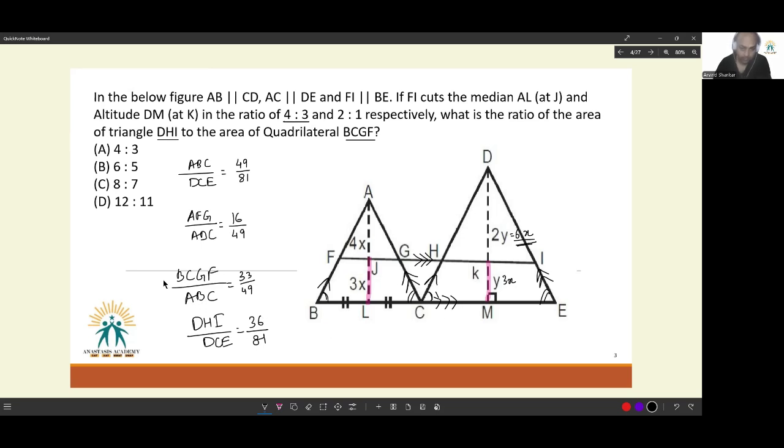And now, utilizing this and this, we can come to our final number.